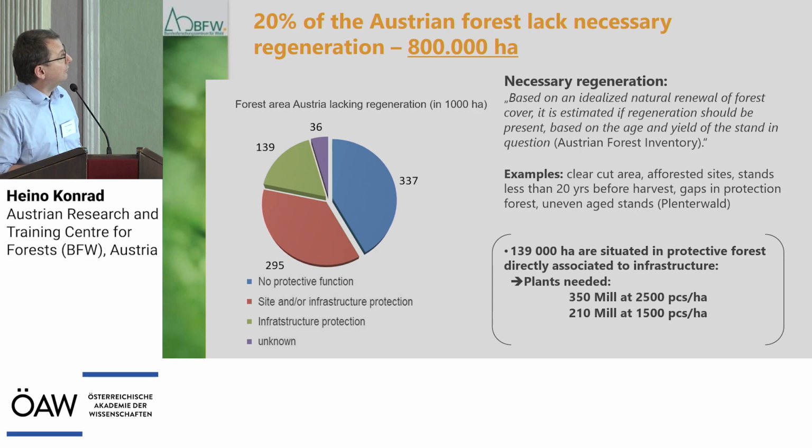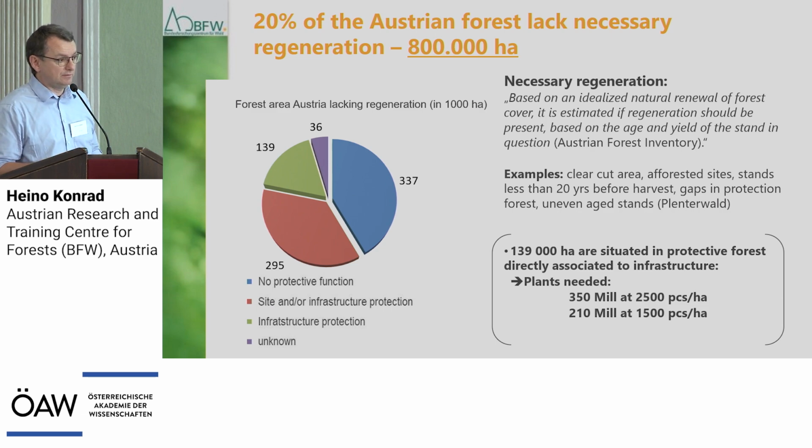And alone, out of this 800,000 hectares, we have about 140,000 hectares which are situated in protective forests with direct protective function. So that means infrastructure is associated to this forest, and these 140,000 hectares are without regeneration.